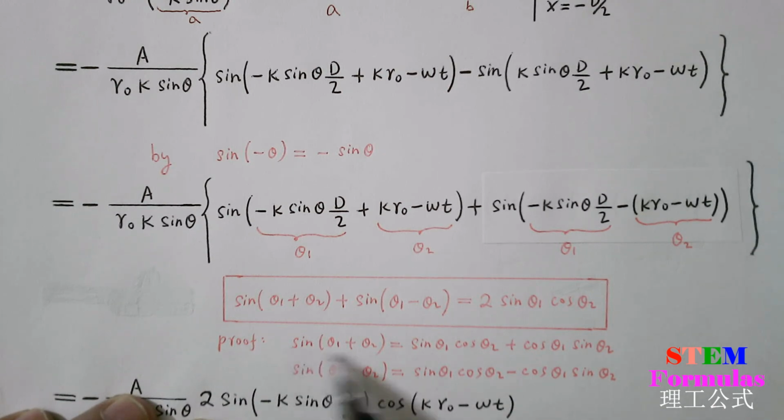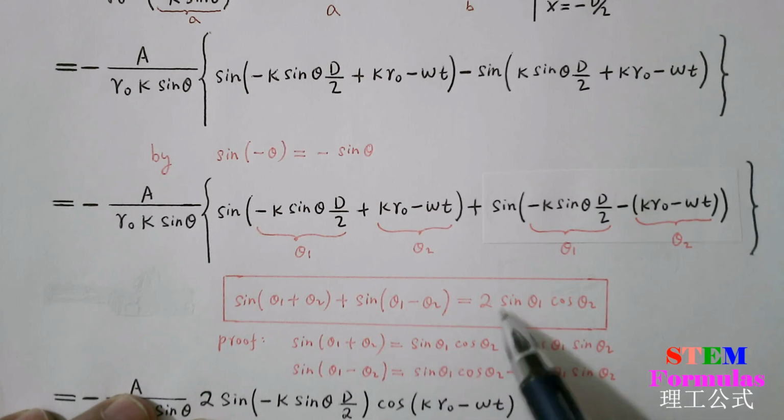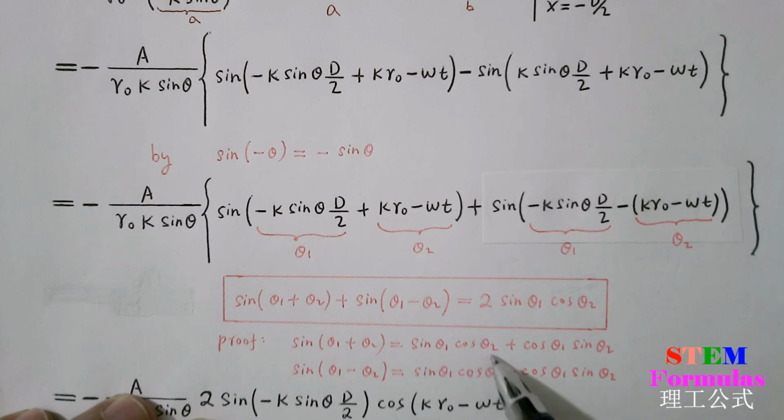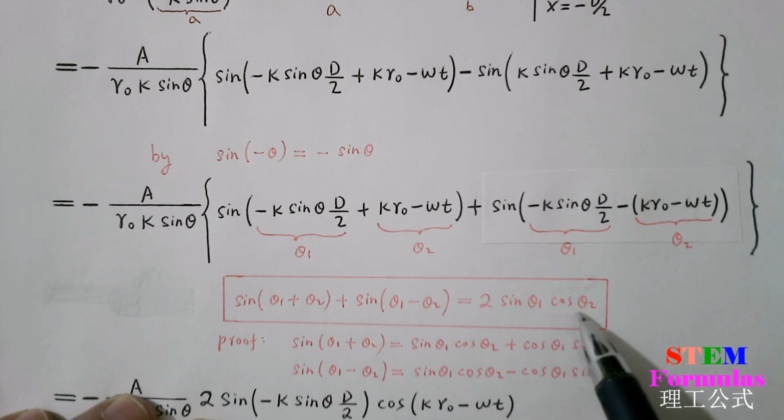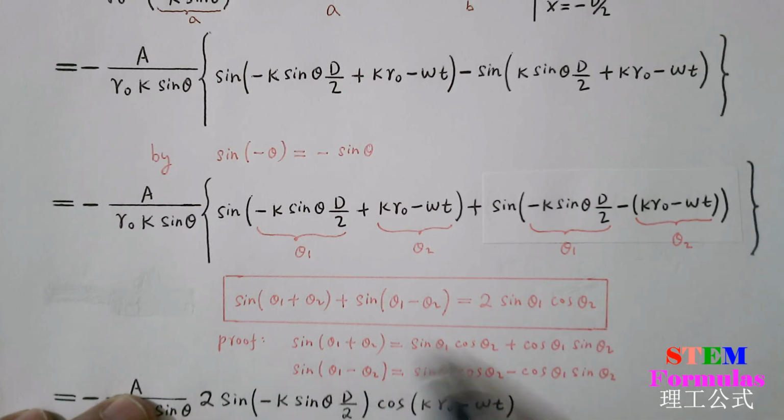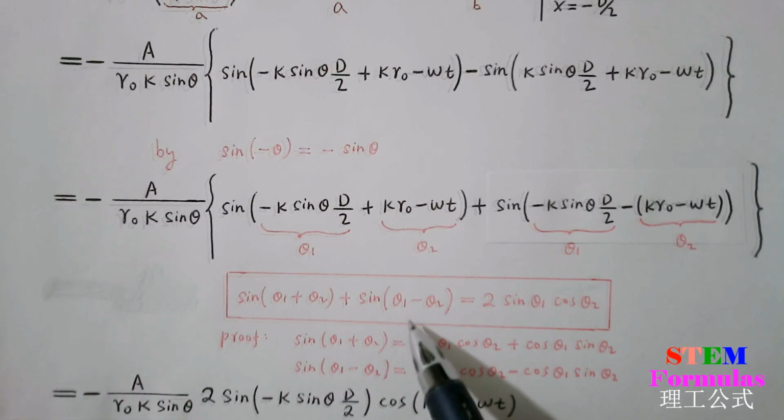When on the left side I add them up, the last terms cancel, this one with this one, so I get 2 times sine theta 1 cosine theta 2. So I can prove it easily.